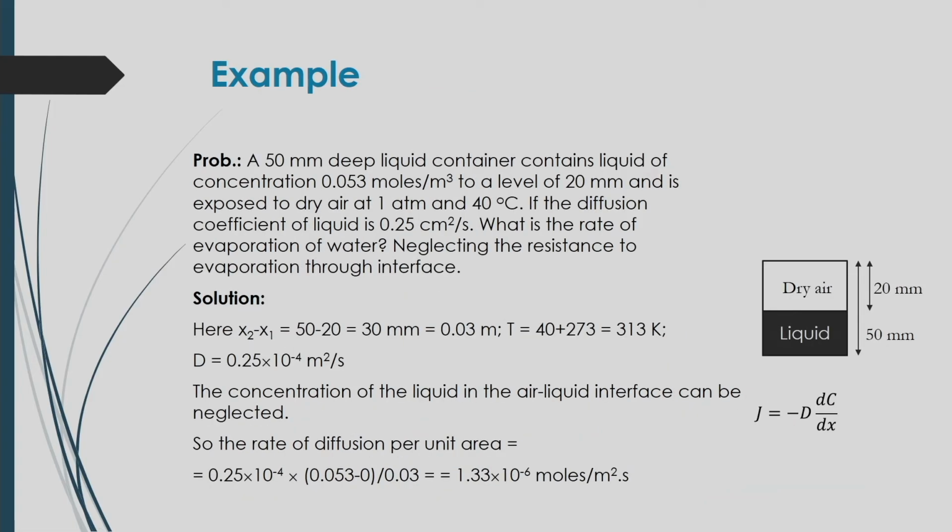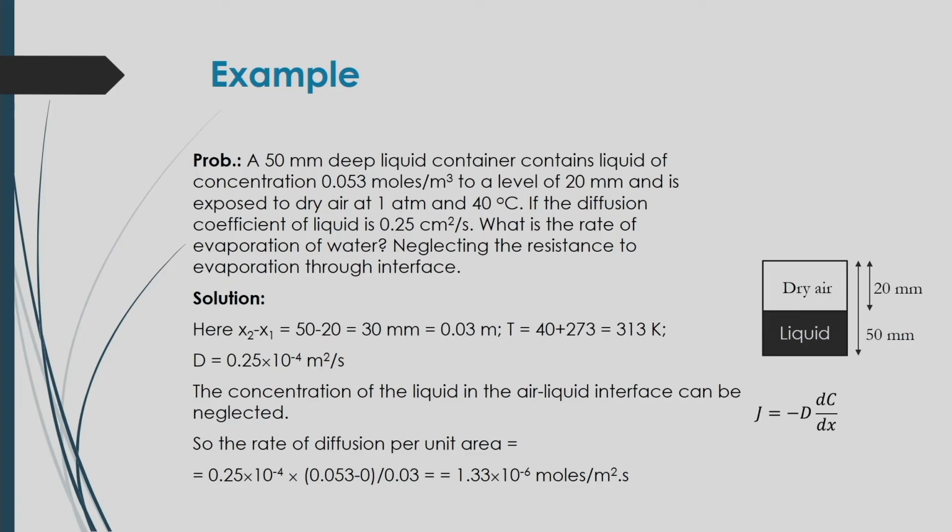A 50 millimeter deep liquid container contains liquid of concentration 0.053 moles per meter cube to a level of 20 millimeter and is exposed to dry air at 1 atmosphere and 40 degrees Celsius. If the diffusion coefficient of liquid is 0.25 centimeter square per second, then what is the rate of evaporation of the water, neglecting the resistance to evaporation through the interface?